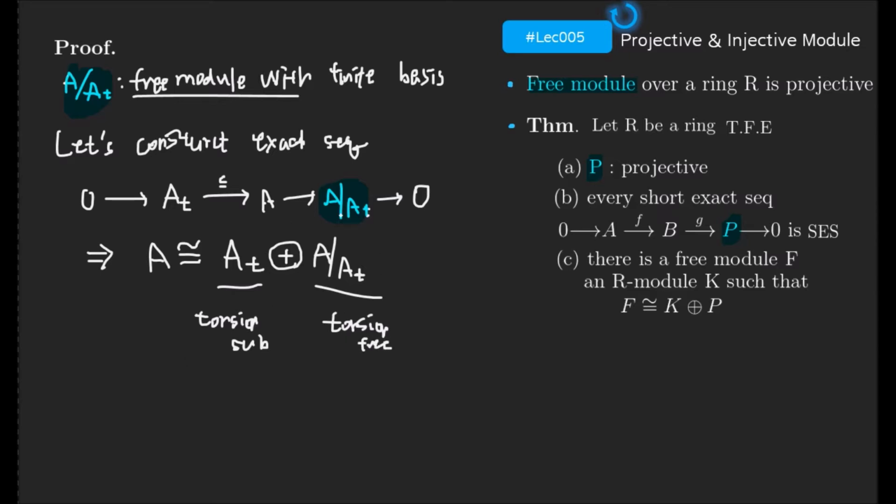So just change this; this is just F. This changes the text to F. Then we can get the result if we just change the F. So every finitely generated module over a principal ideal domain is precisely decomposed into a torsion submodule part and a torsion-free part.